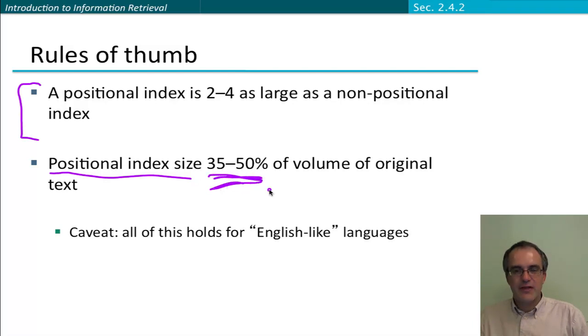So heading to a third or half the original size of the text being indexed, which is much larger than in the case of a non-positional index, where it might be down to something like just 10%. So having an IR system doesn't actually take a lot more space than storing the text in the first place.